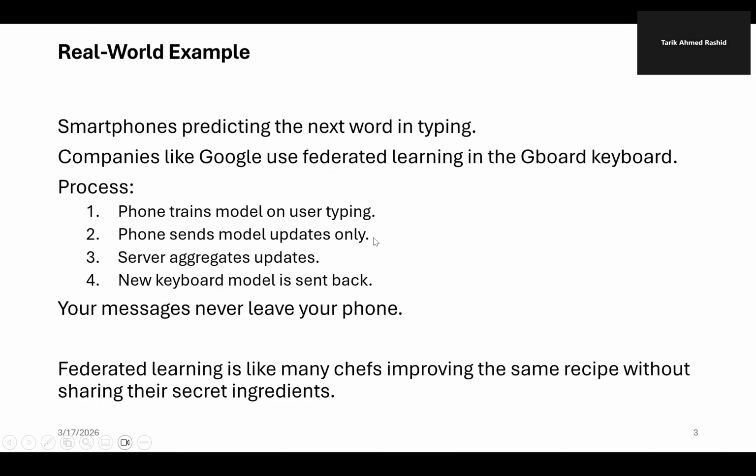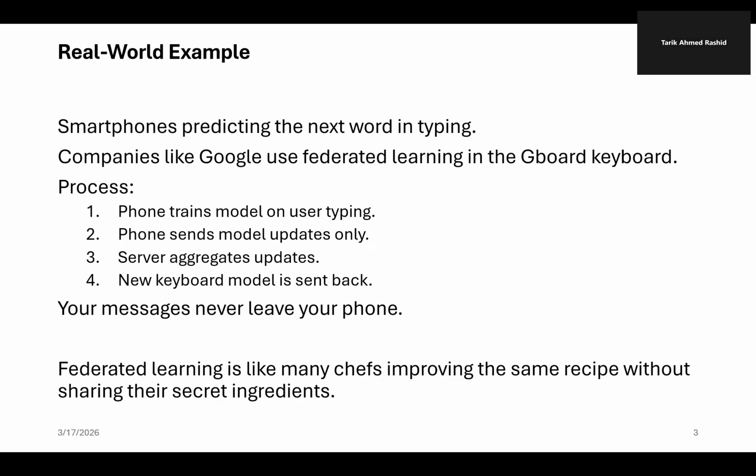A real-world example: smartphones predicting the next word in typing. Companies like Google use federated machine learning in the Gboard keyboard. The process is like this: the phone trains a model on user typing, then the phone sends model updates only to the server, and the server aggregates these updates from each phone.